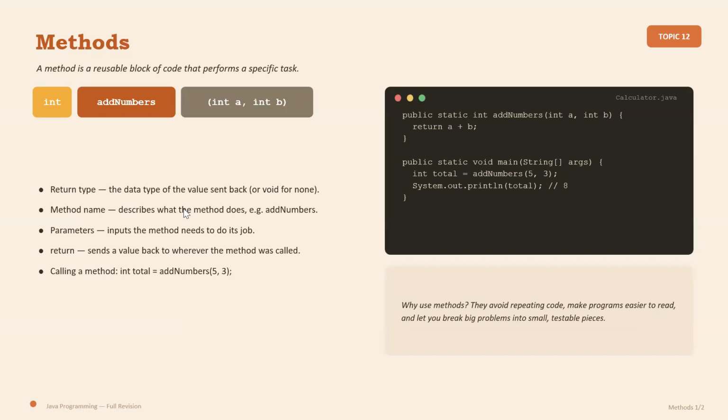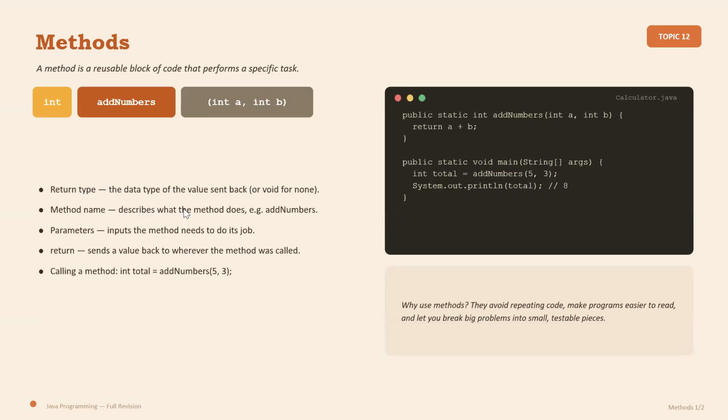And then we have methods. So as programs became larger, we don't want to write the same code repeatedly. So this is where methods become useful. So a method is a reusable block of code that performs a specific task.